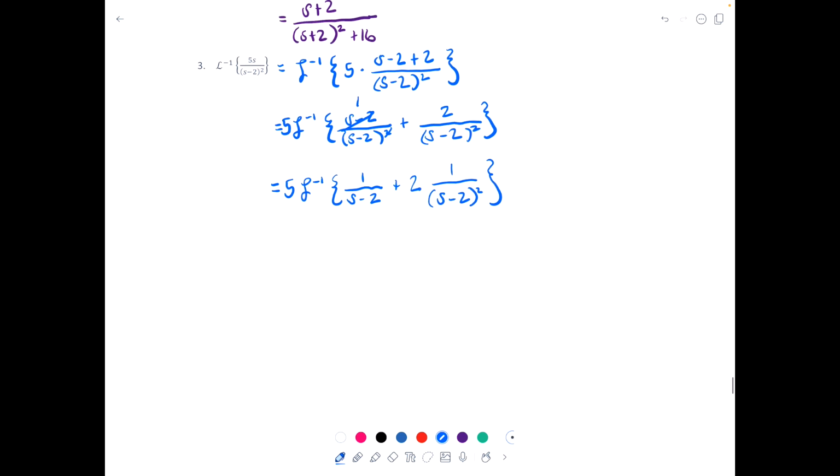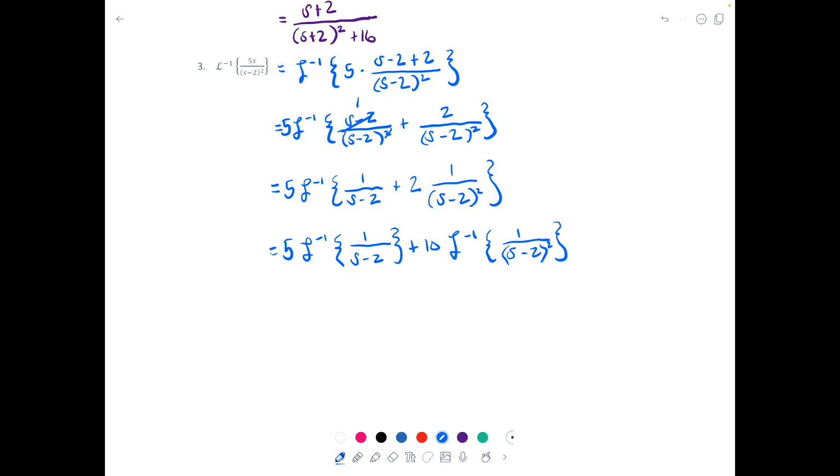Now I'll split this into 2 transforms. Be careful with that 5 that's been factored out. We'll have 5 times the inverse Laplace transform of 1 over s minus 2 plus 10 times the inverse Laplace transform of 1 over s minus 2, the quantity squared. Just multiplied the 5 in with the 2 and then factored it out.